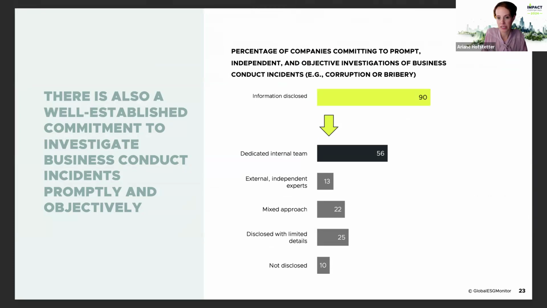And you see also this is very well anchored in the reports, 90% report on this, but only 56 give information on a dedicated internal team. 13% talk about independent external experts and 22 talk about a mixed approach. In 25% of the cases, this was only disclosed with limited details. We could not really decide on how this is done, and only 10% do not say anything about it.